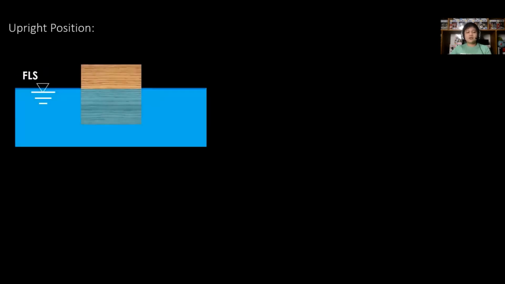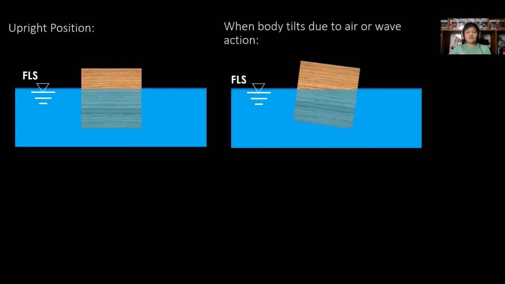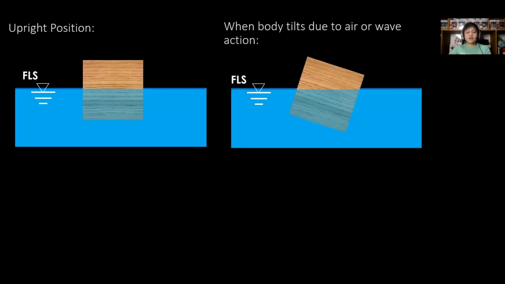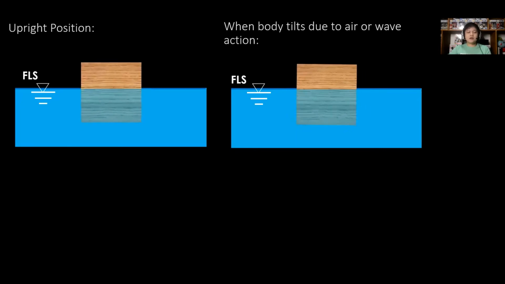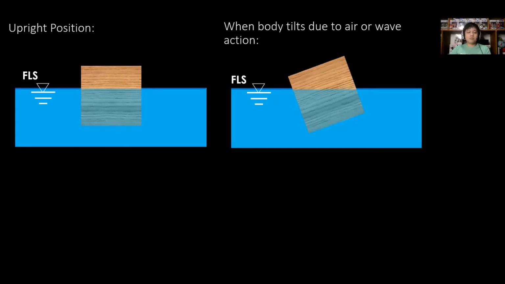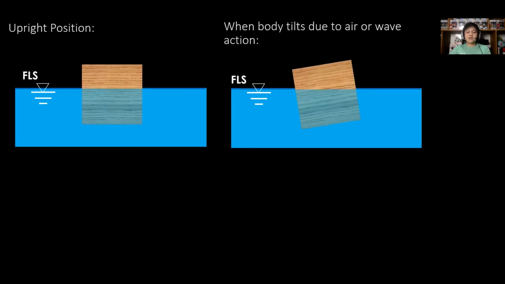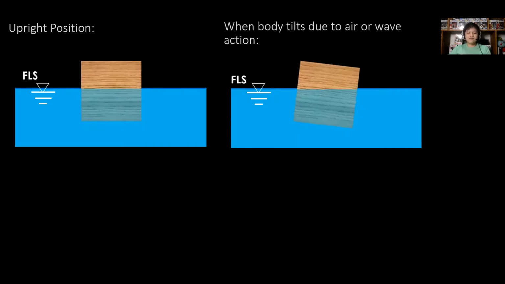For the analysis, consider the floating body either at its upright position, with small or no tilting action, or when the body tilts due to air or wave action for the stability analysis. So it is our goal to check if the tilting object can be pushed back by weight and buoyant force to its original position, or if these two forces will help the body to overturn or otherwise fail.